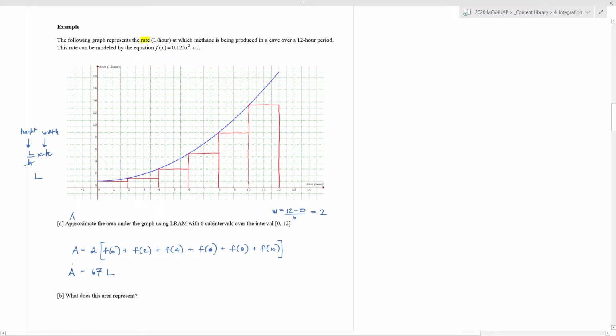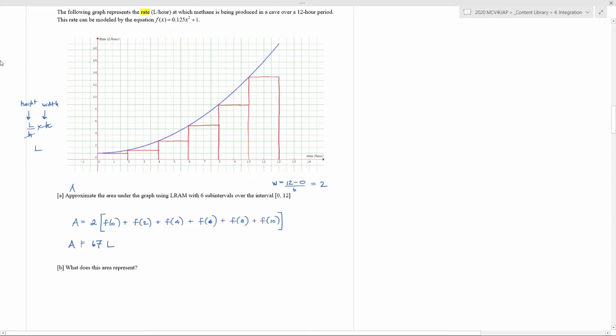So the area of those 6 rectangles represents 67 liters. So what does that area represent in the context of the problem? Liters is a volume, so it represents the volume of methane produced over the 12-hour period.